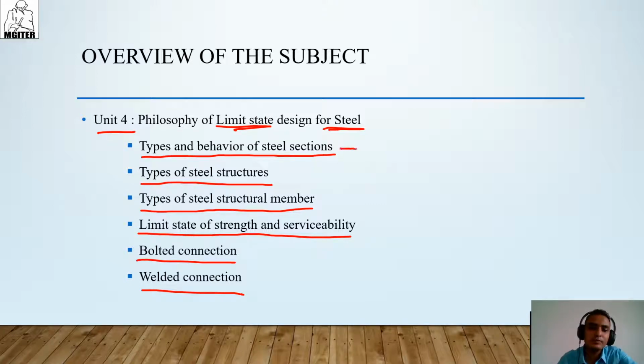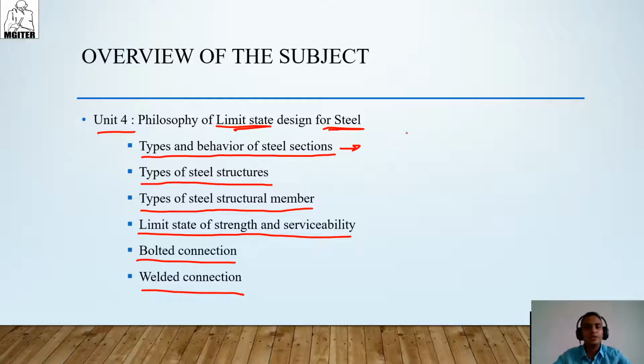Type and behavior of steel section means I section, C channel, L angle, plate or rolled girder, these types of steel sections we have. Then steel structures: in steel structures we understand a building, industrial building, roof truss, girders. It's called a steel structure. Then steel structural members mean the tension member, compression member, torsion member, then beam column and column base.